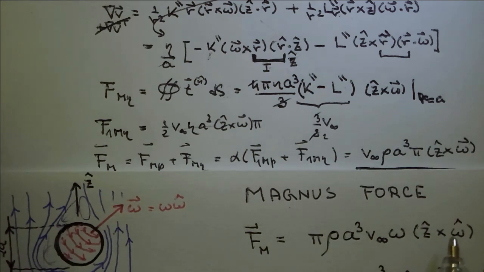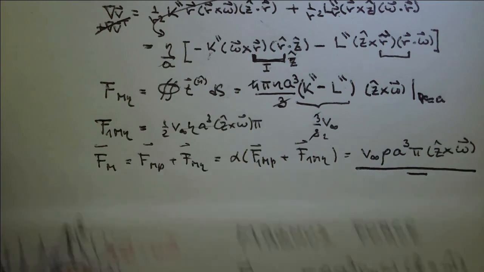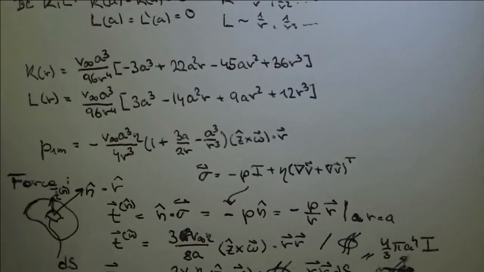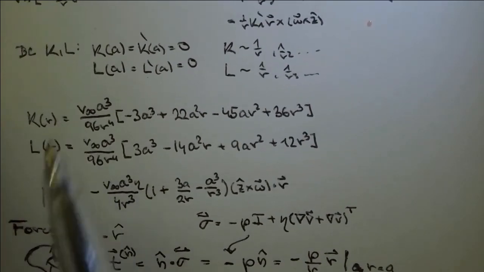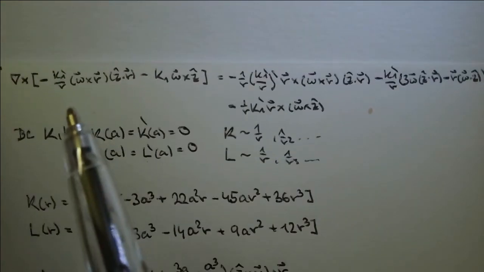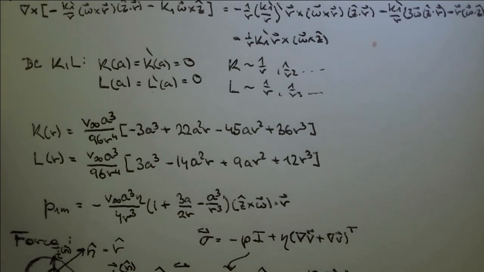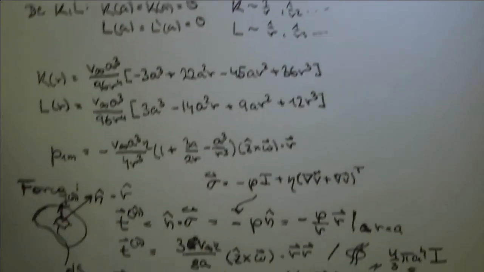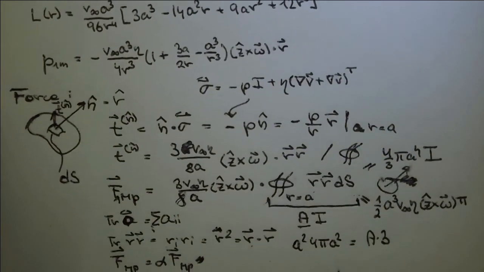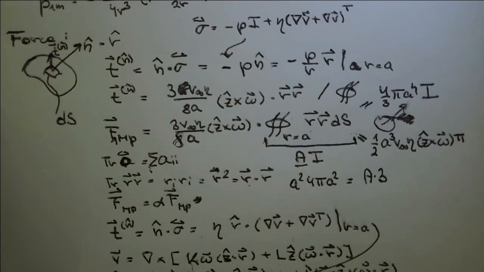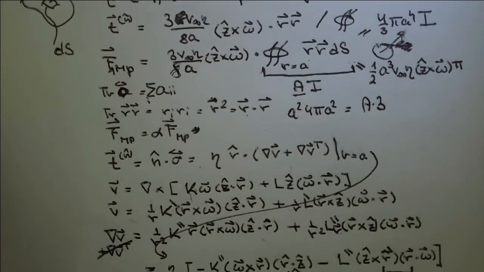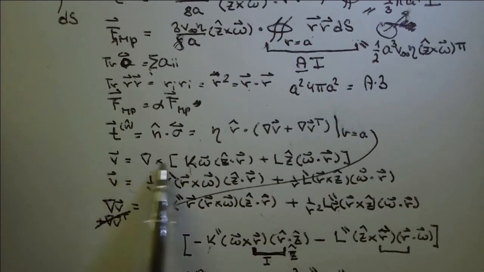which is the Magnus Force. I am not sure whether the velocity field given here, it's K and L, these are the functions for the velocity field, and I think we have defined the velocity field somewhere.